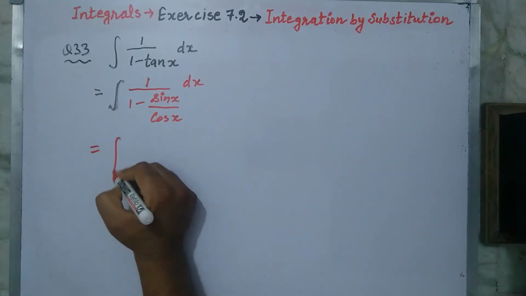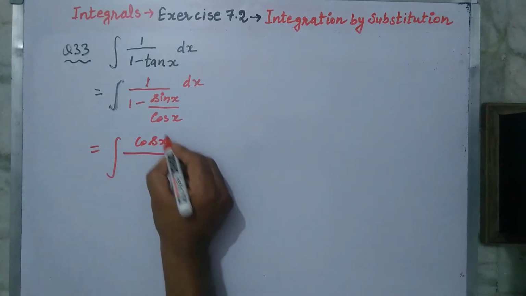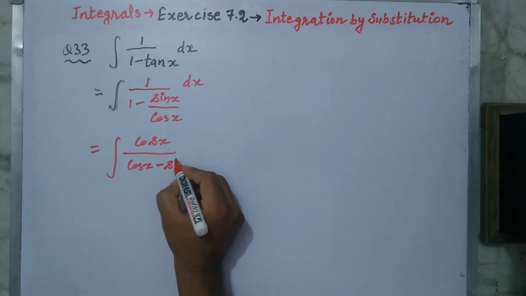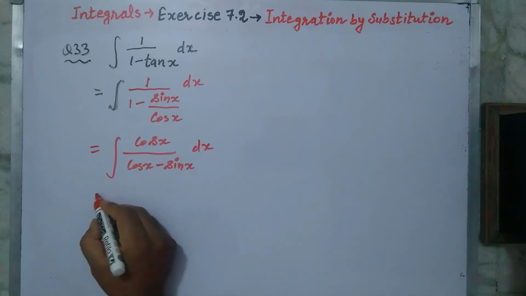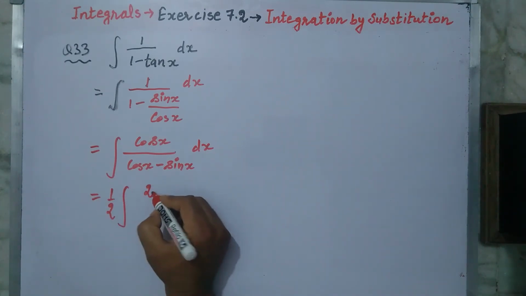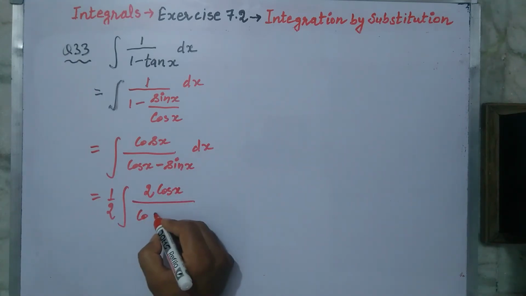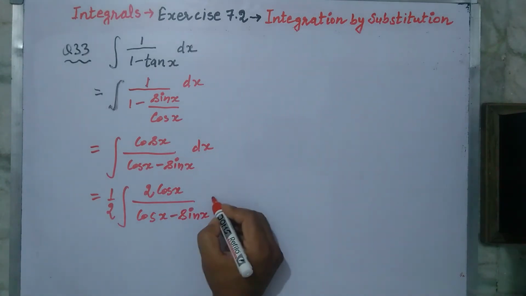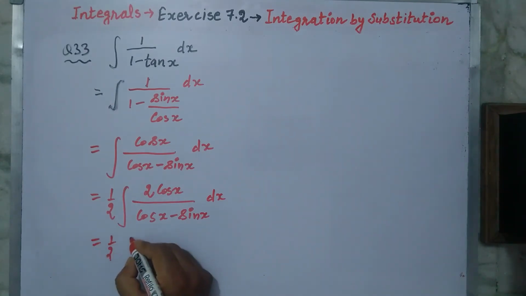That means cos x upon (cos x minus sin x) into dx. Again we divide by 2 and multiply by 2. Cos x divided by (cos x minus sin x) into dx is equal to 1 upon 2.